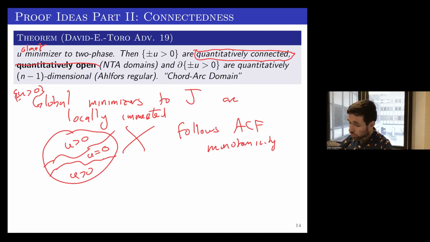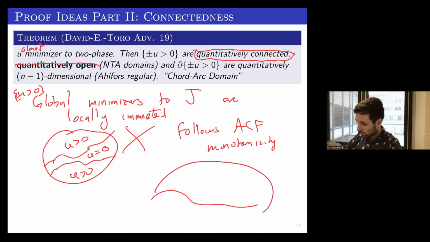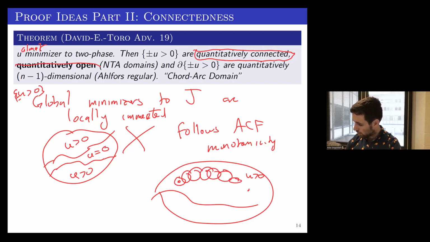And then to show that you have quantitative connectedness, what is called Harnack chains, you use a compactness argument and this fact about global minimizers in the limit to prove what you want. So what am I trying to say? Quantitatively connected means that if I have 2 points here, both in the positivity set, I can draw a chain of balls between them, and the chain of balls is not too long, and these balls don't get too close to the set where u equals 0.